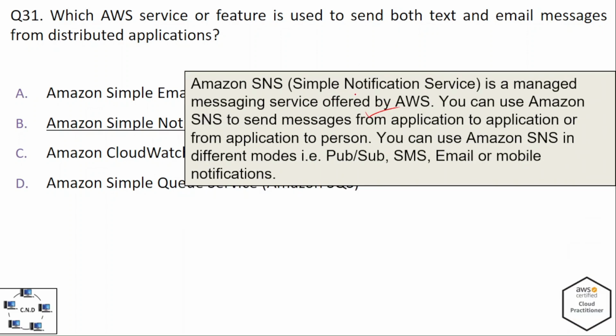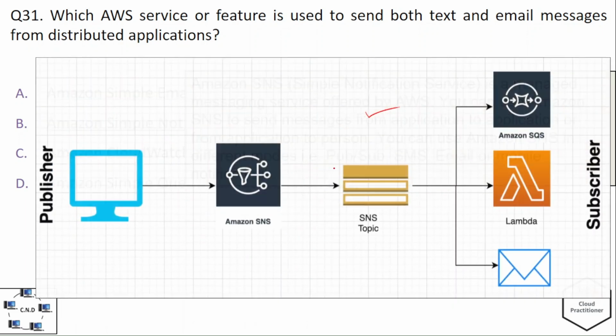Amazon SNS is a managed messaging service offered by AWS. You can use Amazon SNS to send messages from application to application or from application to person. You can use Amazon SNS in different modes, that is publisher to subscribers, SMS, email, or mobile notification.